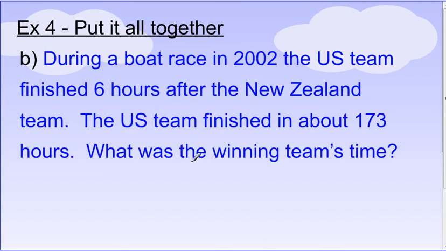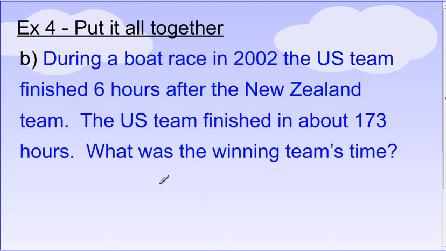Okay, so let's see here. So we're doing like a boat race, right? So the U.S. team finished 6 hours after New Zealand. So if you take the New Zealand time minus 6 hours, you get the U.S. time. Or wait. No, you'd plus 6 hours, wouldn't you? Here's another way of doing this.